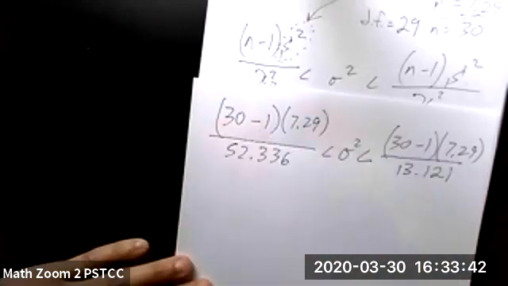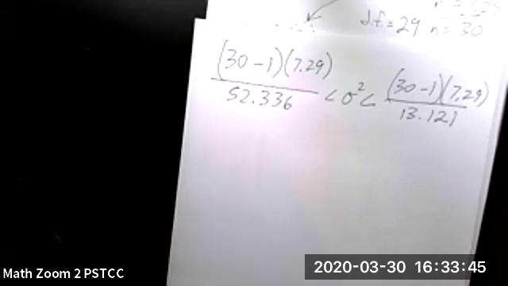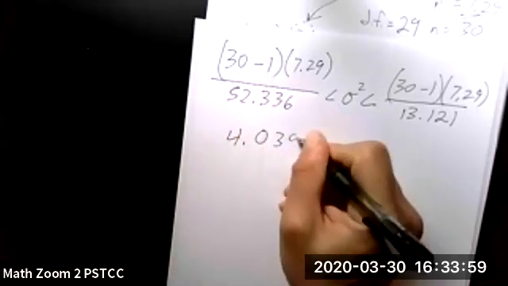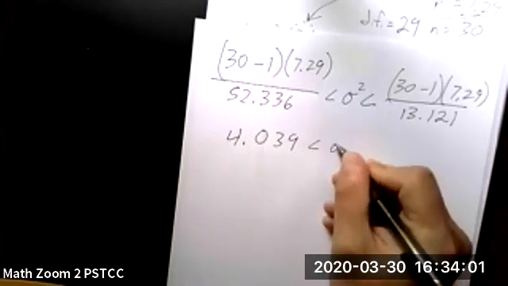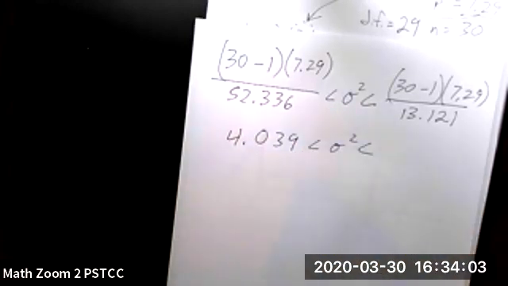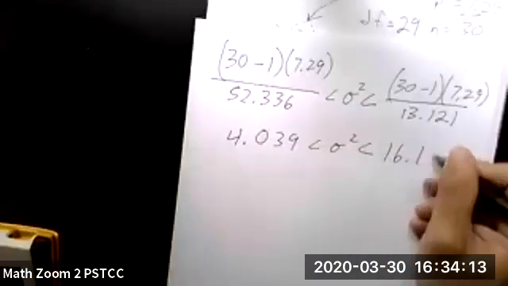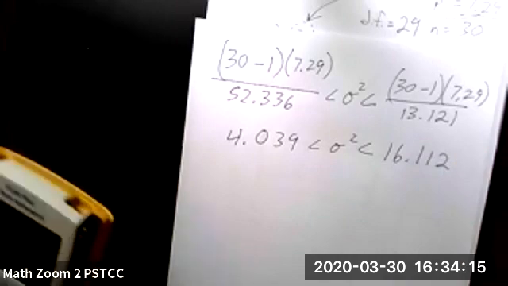Now, this is essentially the confidence interval. We just have to calculate this. Which is 4.039 on the left and 16.112 on the right.